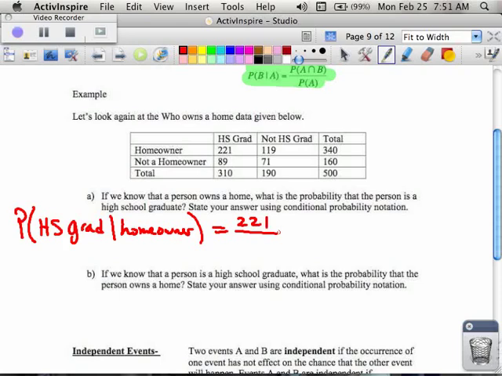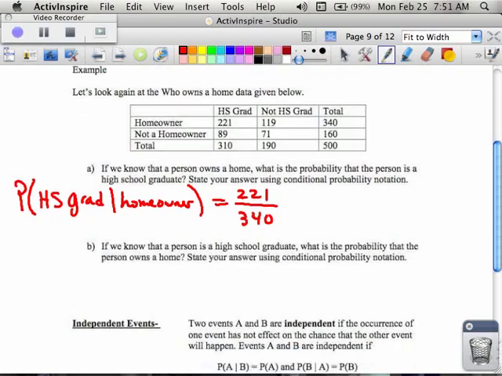So that's the probability of A intersection B. And then we want to know the outcomes of being the homeowner, which is 340. So your likelihood that you're going to be a high school grad, given that you already are a homeowner, is 221 out of 340.